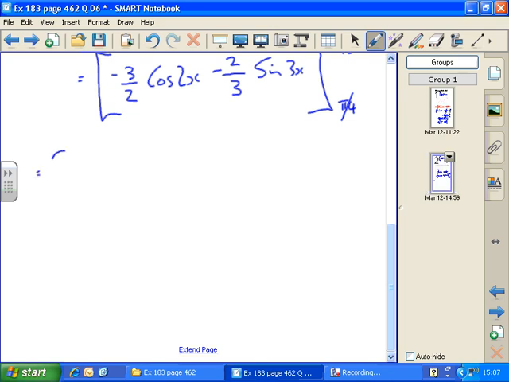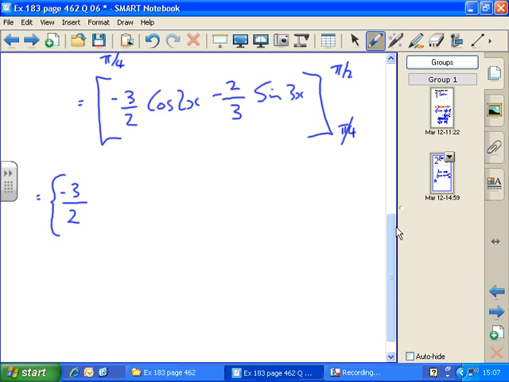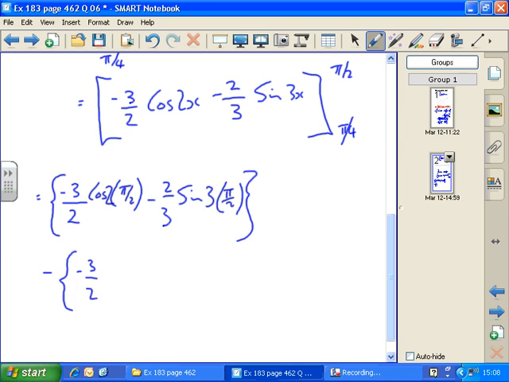This is going to equal, using curly brackets, we put the first value in, so that's pi by 2: minus 3 over 2 cos 2 pi by 2, minus 2/3 sine 3 pi by 2, minus, and then you put the bottom limit in, minus 3 over 2 cos of 2 pi by 4, minus 2/3 sine 3 pi by 4.